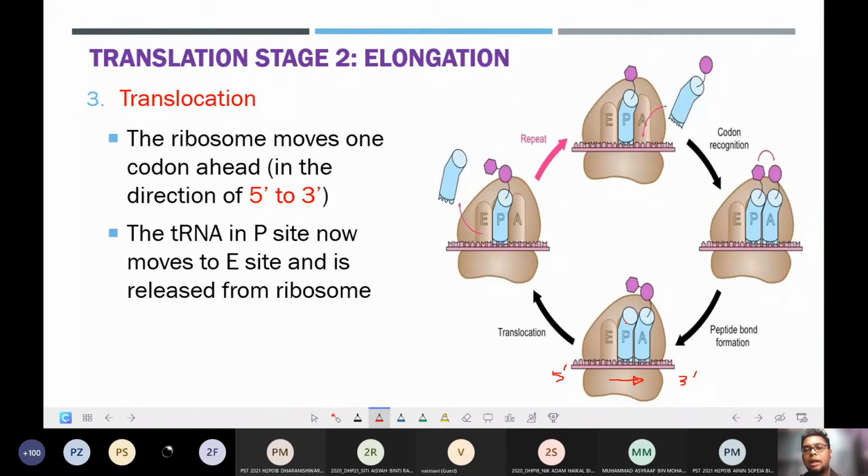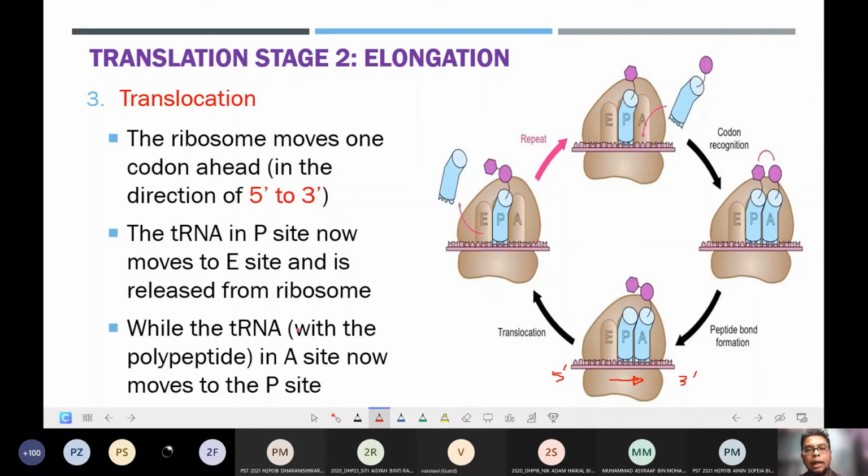Once the tRNA is in the E site, it will be released from the ribosome. Meanwhile, the tRNA with the polypeptide in the A site will be transferred to the P site when the ribosome moves one codon ahead.